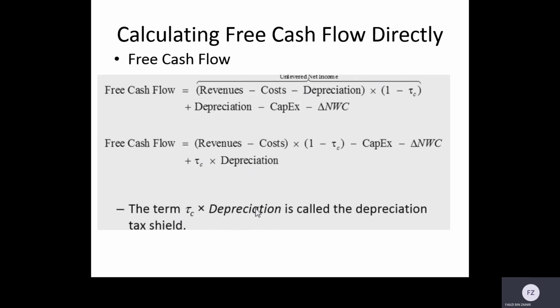By subtracting the depreciation as an expense, it lowers the pre-tax income, then you subtract the tax, and then you add back the full amount of depreciation. The impact is an increase in the amount by depreciation times the tax rate, and we call it the depreciation tax shield.